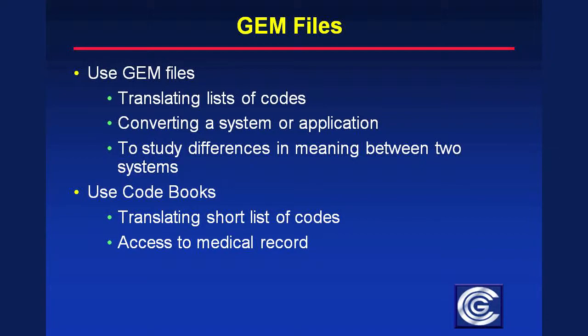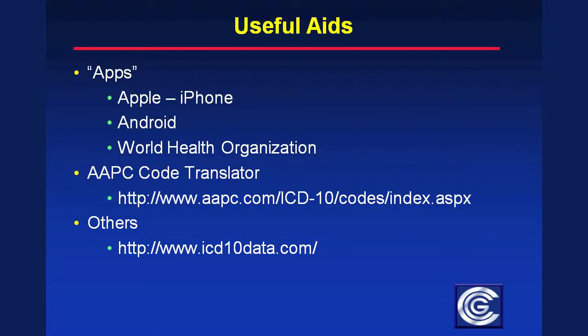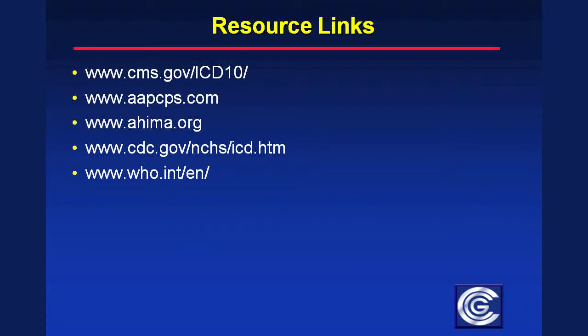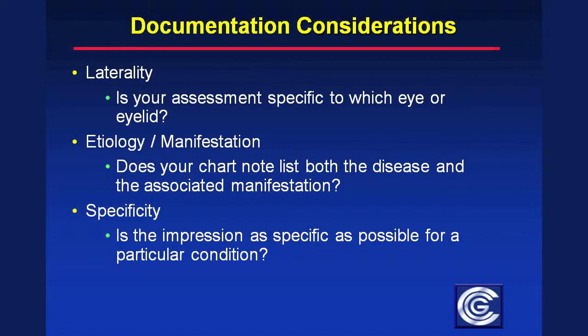The ICD-10 handbook, in print or electronic version, is the ultimate source. Other useful aids include inexpensive and numerous apps for smartphones, tablets, and laptops. Other online resources can help you find ICD-10 codes.